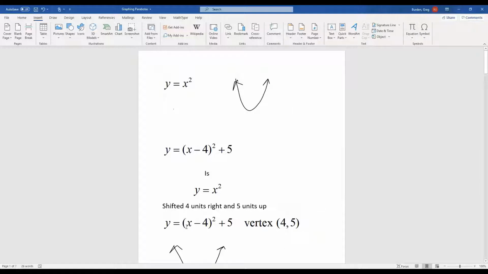You plug in 1 minus 4, which is negative 3.